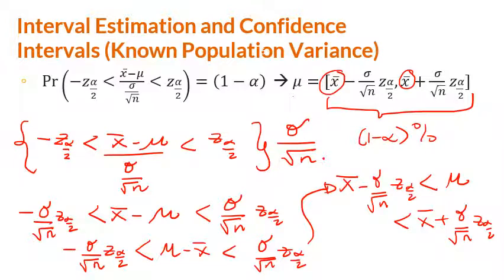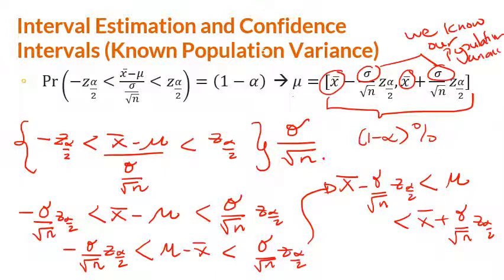However, yung sigma natin dito, we assume that we know our population variance, but this is not the case. So itong estimated na ano natin na ng population mean, ang assumption natin dito is we know your population variance.